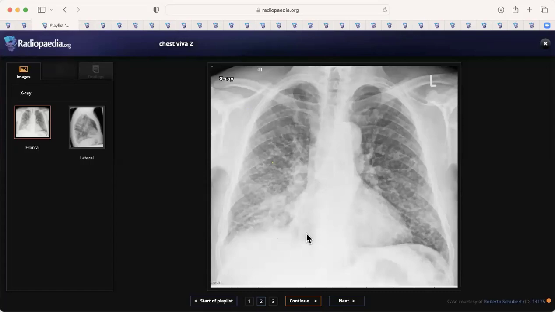In the exam, you need to tell the examiner that this is in keeping with miliary nodules. I have a couple of differentials, but I can see that there is an airspace opacity projecting over the right lower zone, so this is likely infective. You can categorize your differential diagnosis into infection, and non-infectious or metastatic. For infection, if the patient is febrile, this could be miliary TB; it could be fungal if the patient is immunocompromised, such as histoplasmosis.